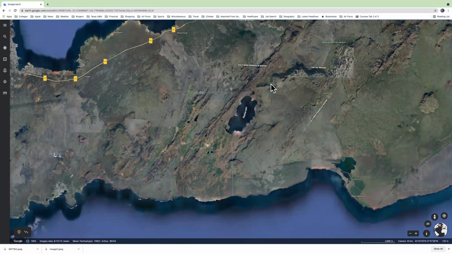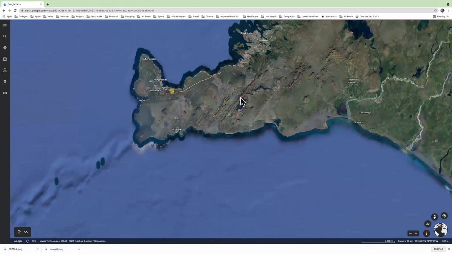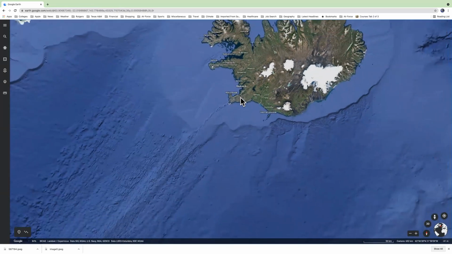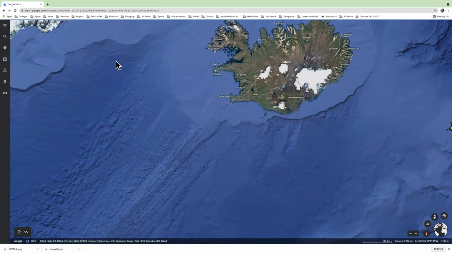That's it. So that's where the volcano is active, basically creating new land. Iceland is actively splitting up. One half is going this way, the other half is going that way. So that's a reason why this is a volcanically active and tectonically active region.